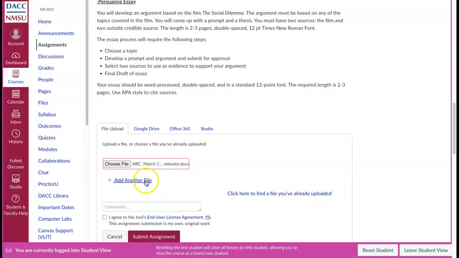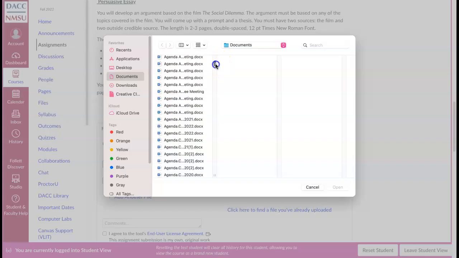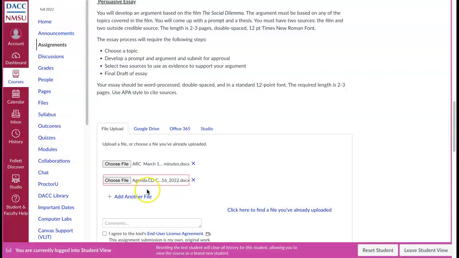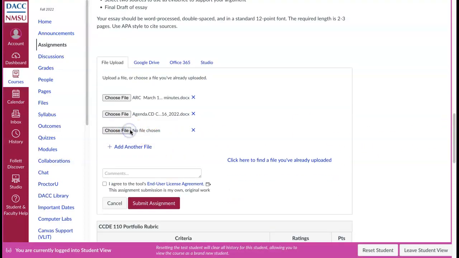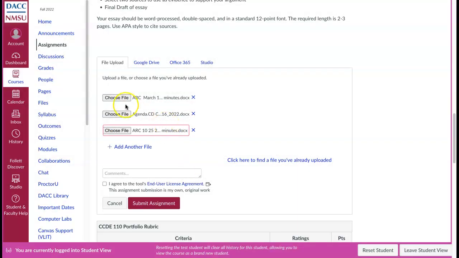So we would click on that one, then we would choose another file, and then we choose another file. Now we can pretend we have our letter, our revised essay, and our persuasive essay. As you can see, we have all 3 files together. Now we can go ahead and click on Agree, and we can go ahead and submit our files.